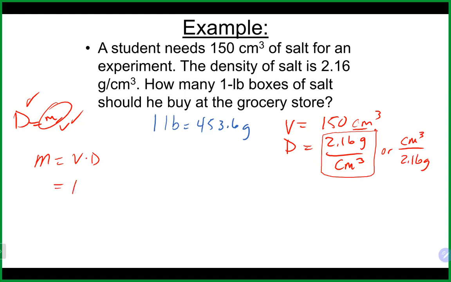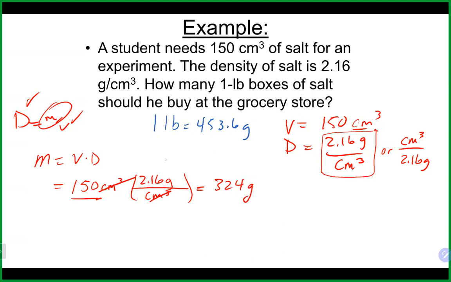So if we did that, we have 150 cubic centimeters. We could use our density, setting it up the dimensional analysis way here. Our cubic centimeters will cancel. That's going to get us about 324 grams.